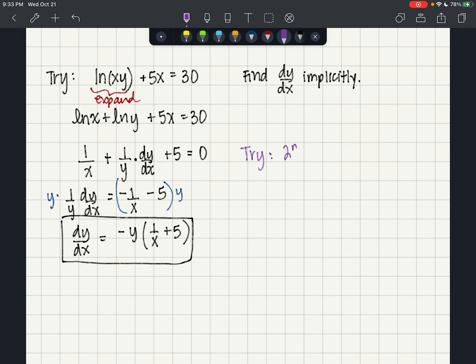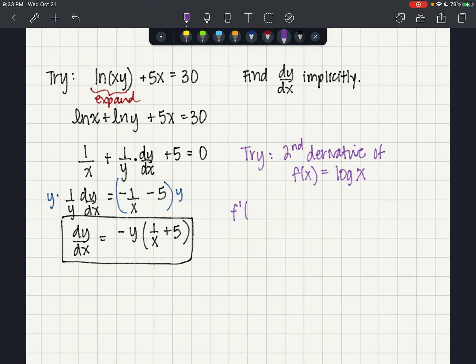The second derivative of f of x equals the log of x. F of x equals the log of x. Okay, here we go.